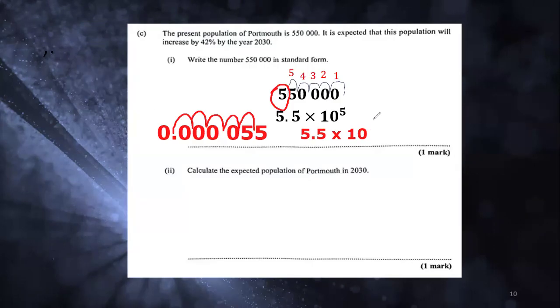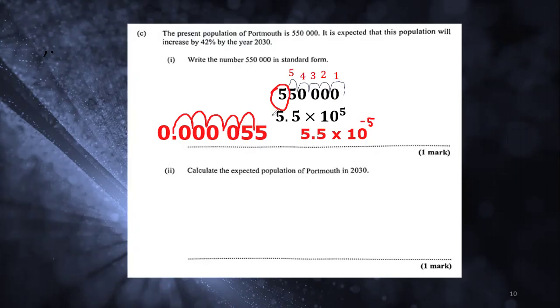10 to the power of 5. Well, you're very close. It would be negative 5, or minus 5. Whenever you jump to the right and you are trying to get to the non-zero digit, notice I didn't go to here because I'm supposed to get one non-zero digit, which is the first 5.